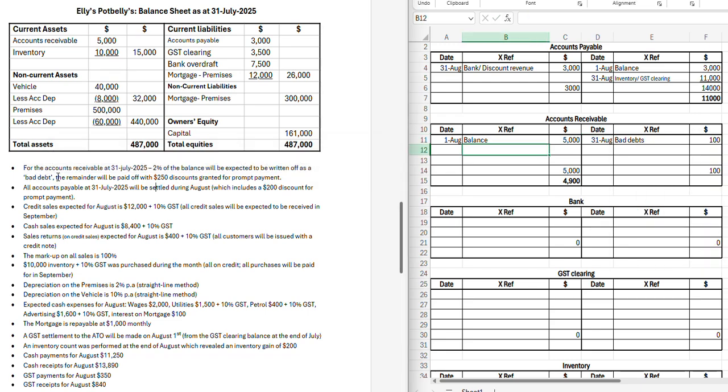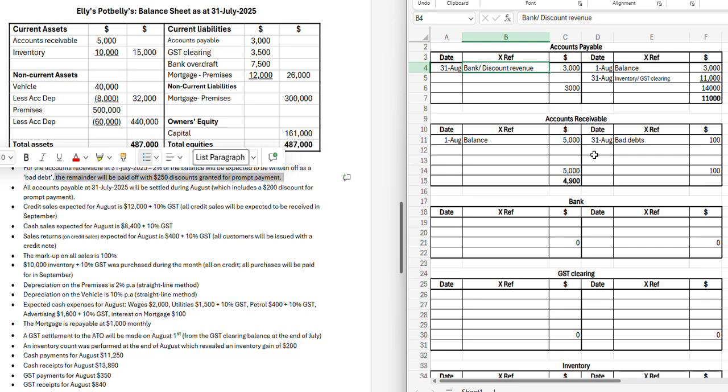Then if we read on, it says the remainder of that 5k will be paid off along with a discount. So we treat this similar to what we did up here with our accounts payable. We've got bank, because that's where the funds are going to be received. And we need to acknowledge that there's a discount expense here because we've got a reduction in the account receivable asset and our OE decreasing our profit.